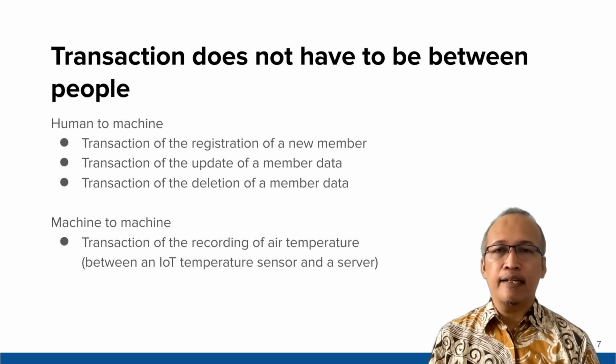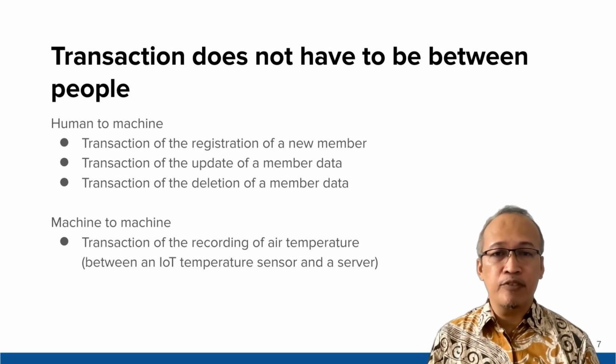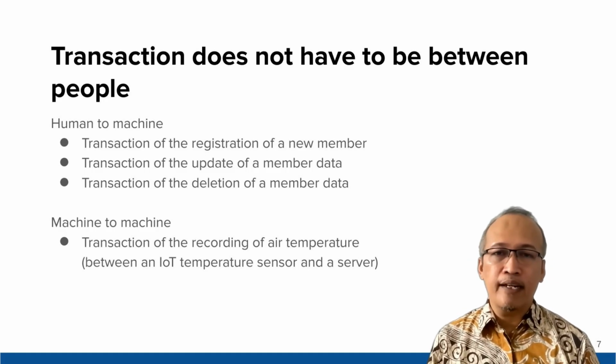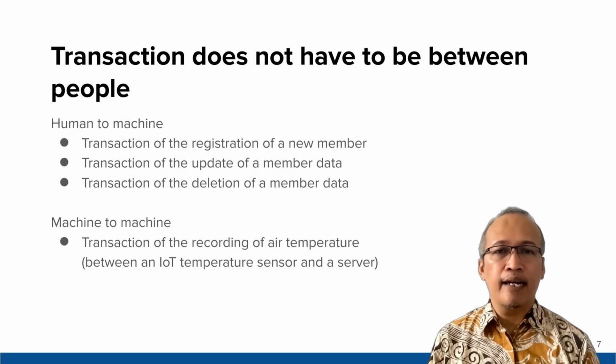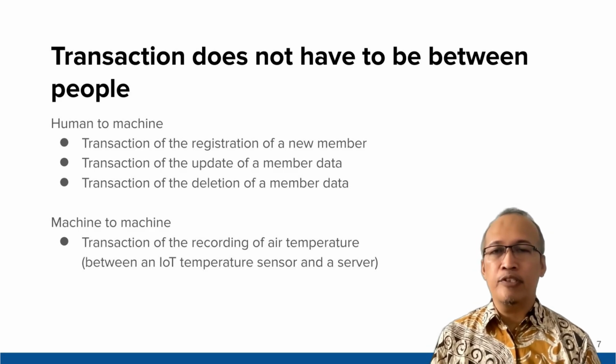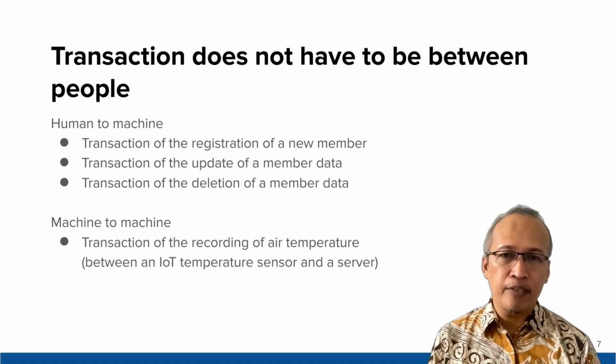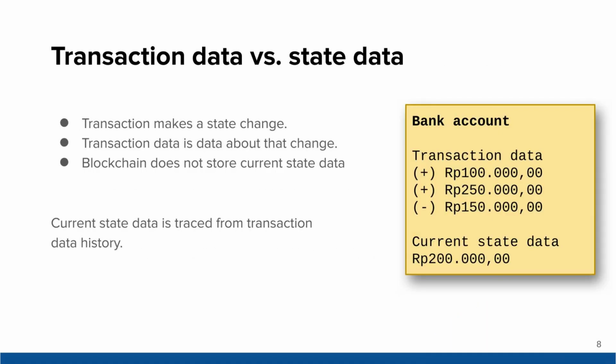Every few seconds, it records the temperature and sends it to a server. Each recording is a transaction, a machine talking to another machine. So blockchain can handle data from all kinds of sources, people, systems, and even smart devices. Pretty powerful, right?